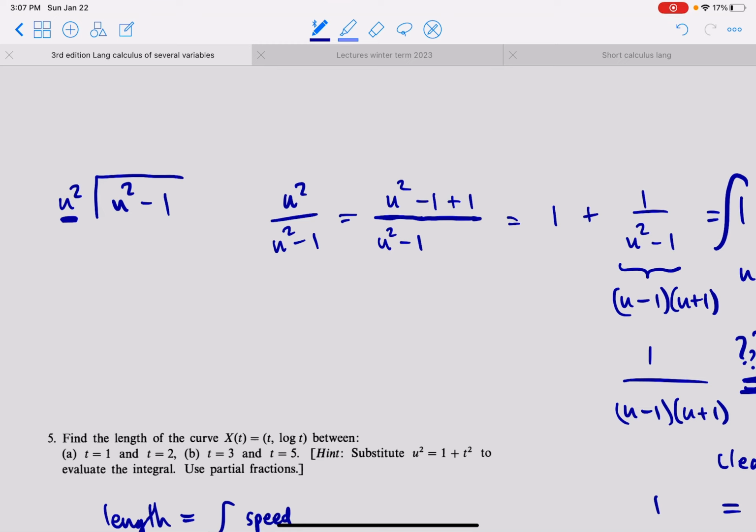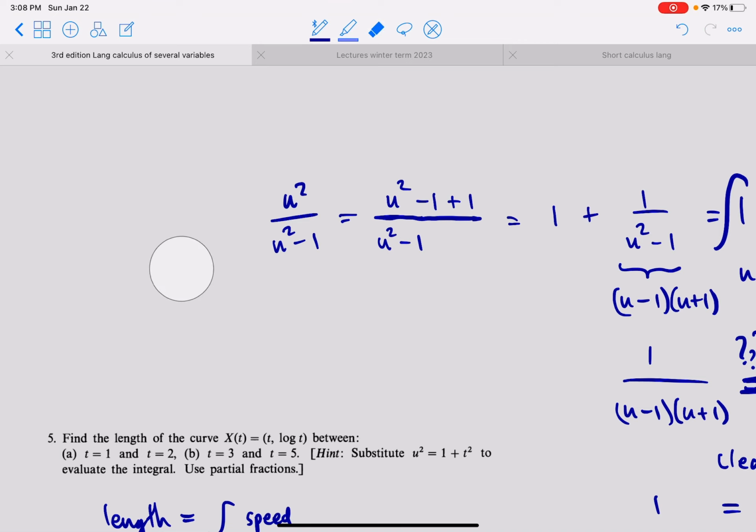So how many times does u squared go into u squared? Once. Minus u squared, 0 minus 1. And now, how many times does u squared go into minus... Oh, I'm doing the wrong division.